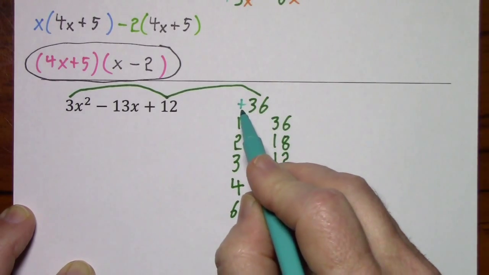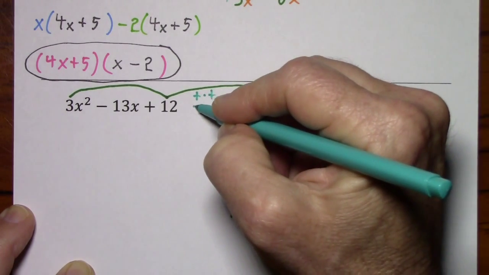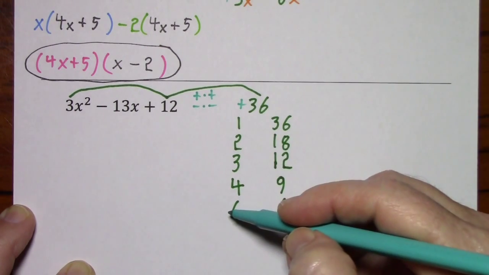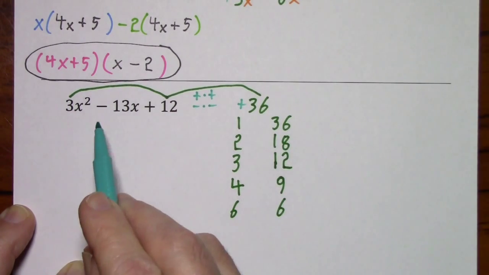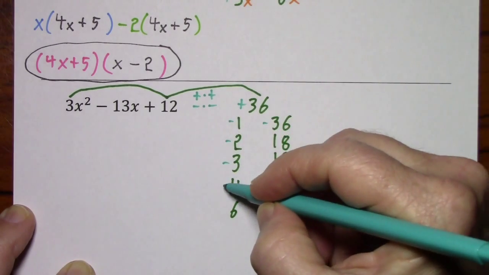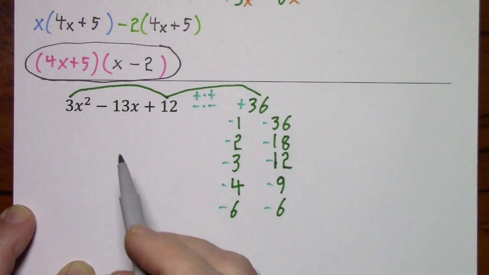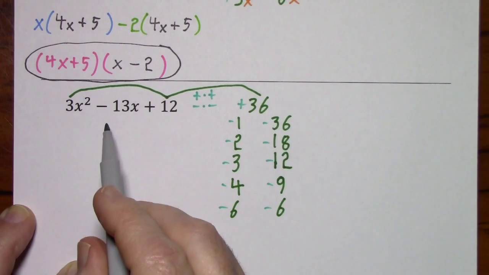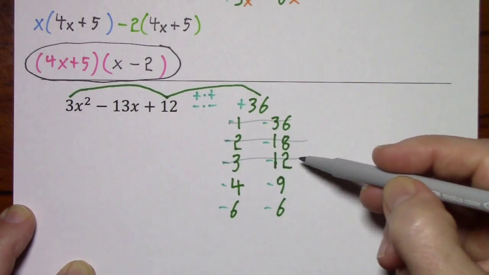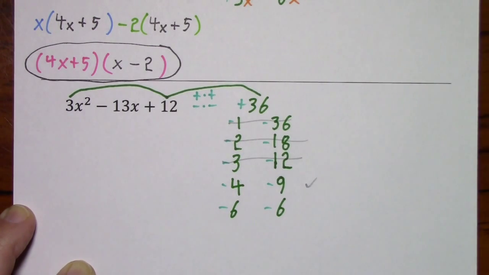The only way to get there if you're multiplying is to have positive times positive or negative times negative. So that means these signs are going to be the same. For this to be negative, it must be that everything here is negative. So we're looking for a sum of negative 13. Negative 4 and negative 9 will give us our negative 13.